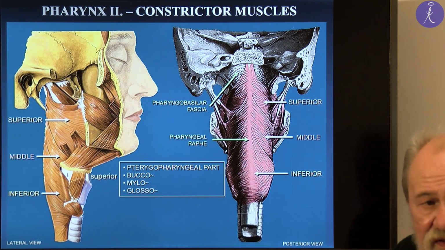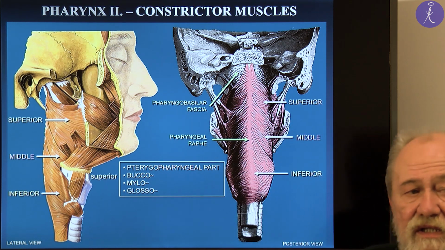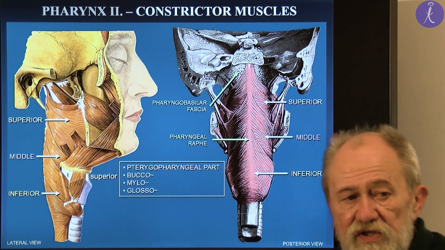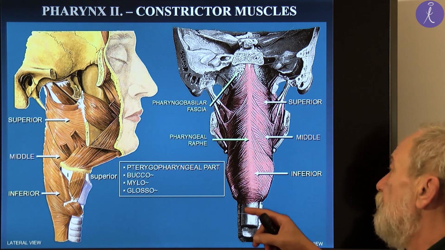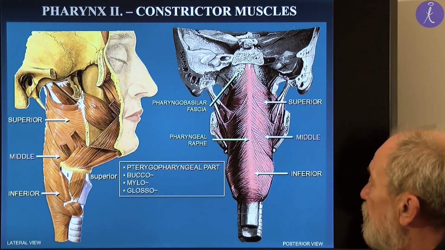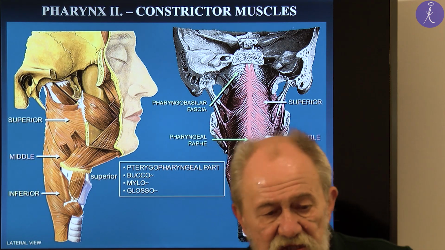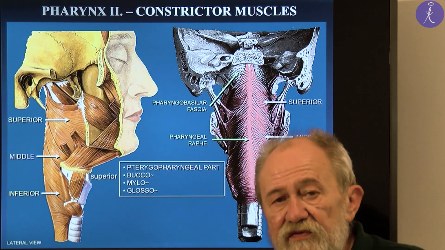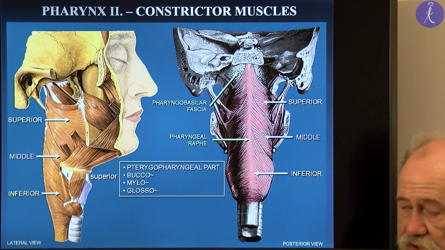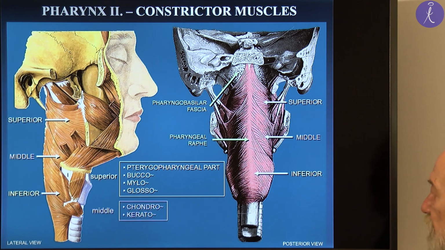After this, there is a chance for bony origin from the mylohyoid line, where the floor of the oral cavity also originates from. From the mylohyoid line, the next part comes, and this is called mylopharyngeal part. And next is a soft origin again, coming from the tissues of the tongue, and therefore we call it glossopharyngeal part.